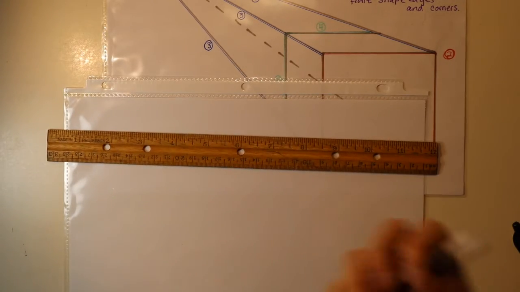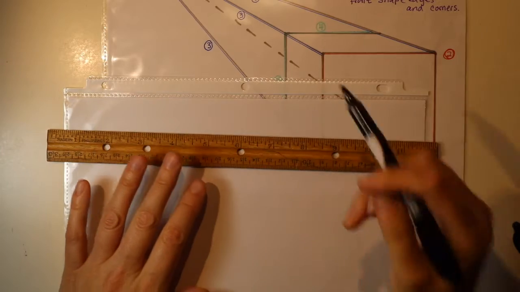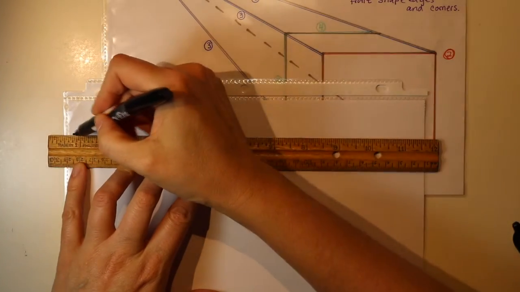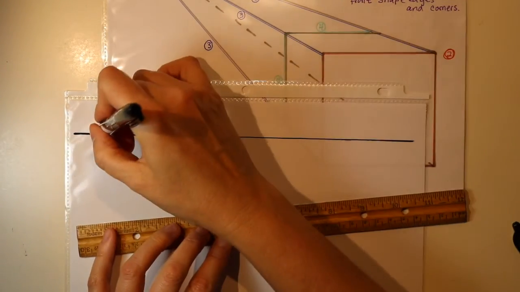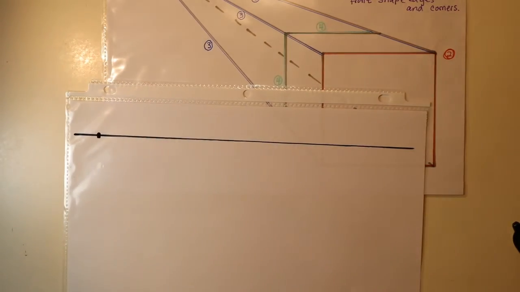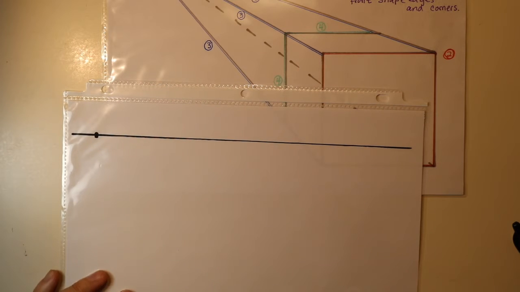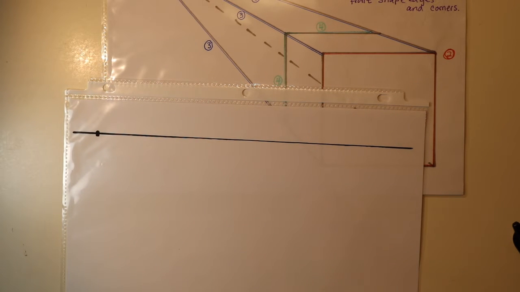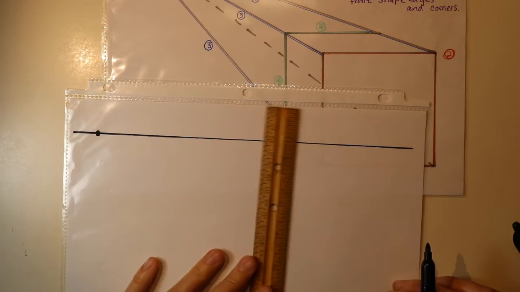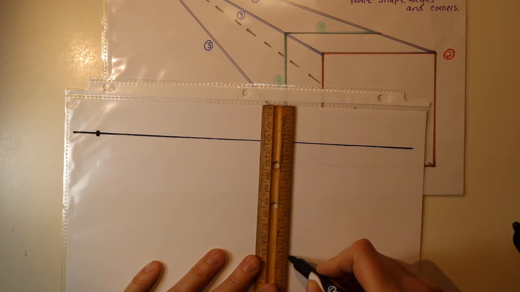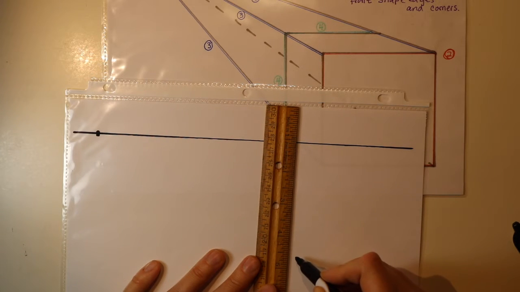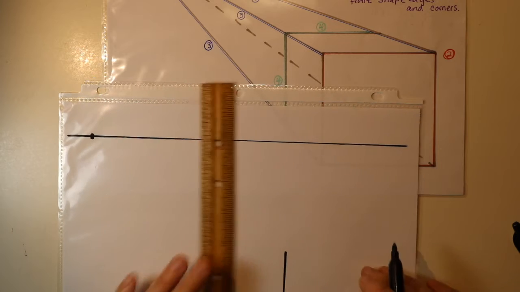You can use a dry erase marker and do your process on this sheet. Just be careful to let it dry a little bit before you start creating your square and rectangle, because dry erase markers will erase very easily, which is nice.